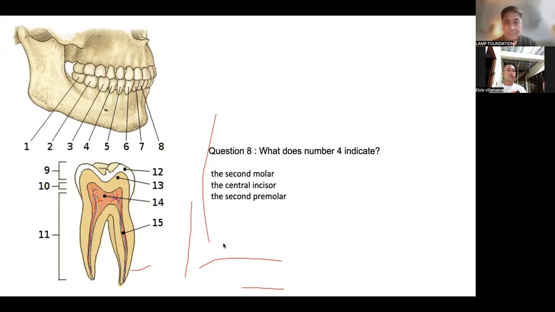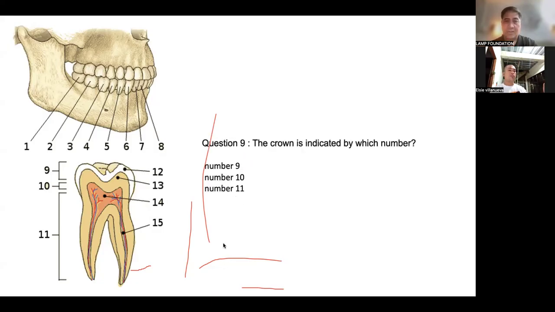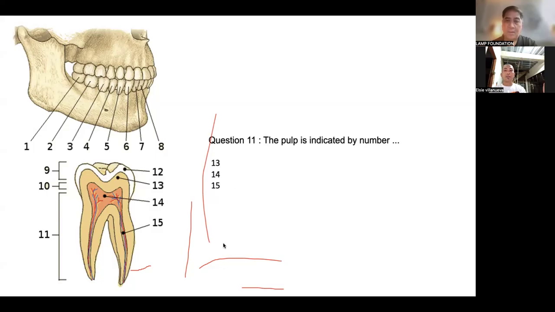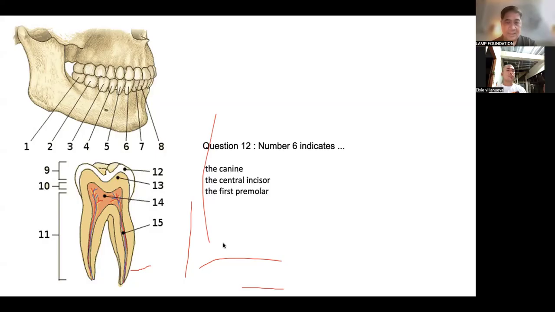The second premolar. Crown is number 9. 10, the neck. Pulp. The pulp is number 14. 6, the canine.